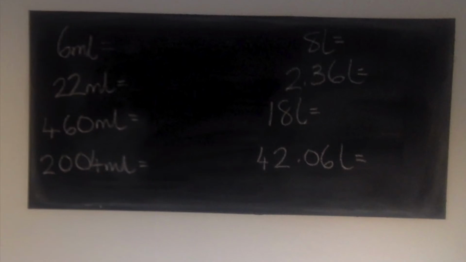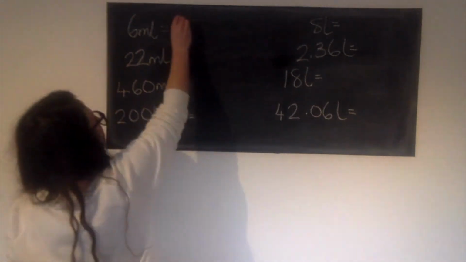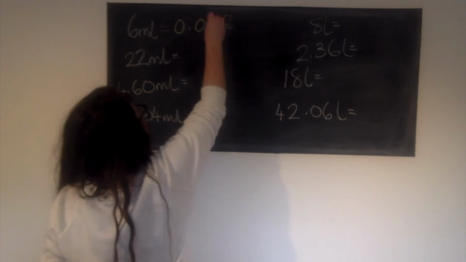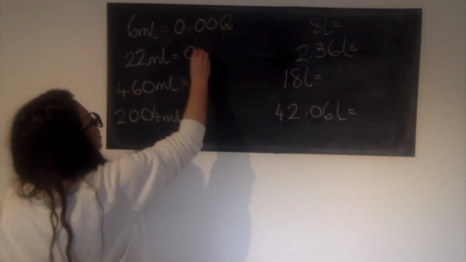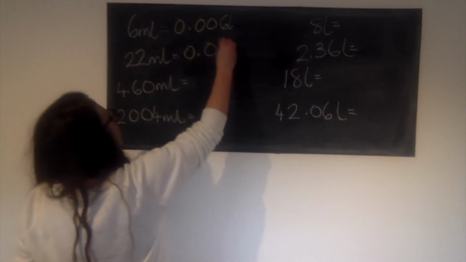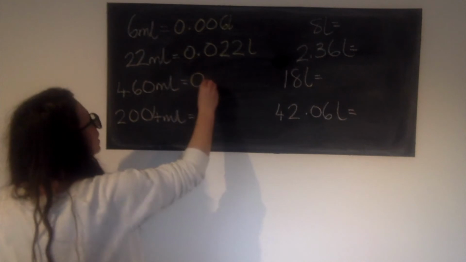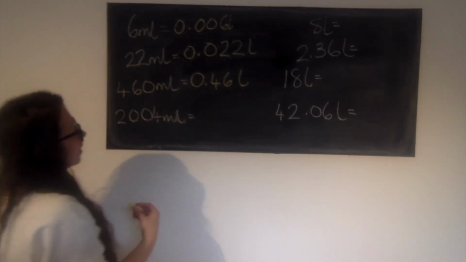I now want you to use those conversions to turn these millilitres into litres and the other way around, litres to millilitres. So remember, we're going from millilitres to litres, so we're dividing by 1,000. So 6 millilitres is 0.006 litres, don't forget that unit of measure. 22 millilitres is 0.022 litres. 460 millilitres is 0.46 litres, I don't need that 0.